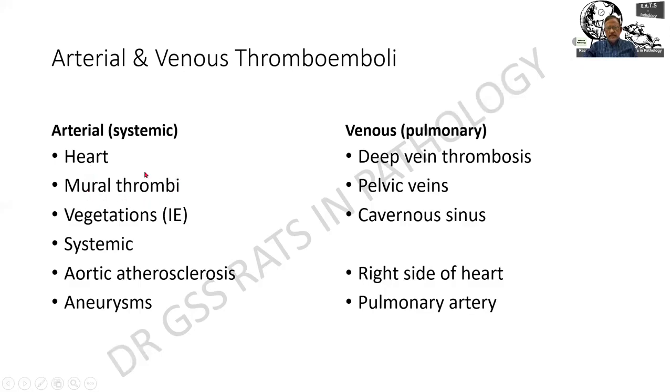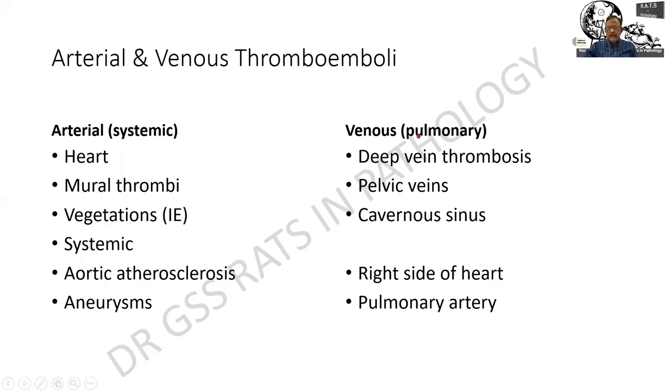A mural thrombus is a thrombus that occurs in large capacious chambers, such as the ventricle or an aneurysm of the aorta. It can fragment and you can get an arterial thromboembolus out of it. There can be vegetations, as in the case of infective endocarditis. Sometimes systemic blood vessels can be affected, as in atherosclerosis or in aneurysms of the aorta.